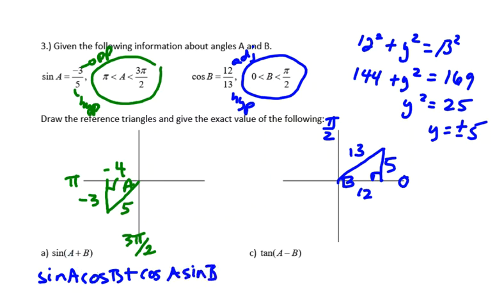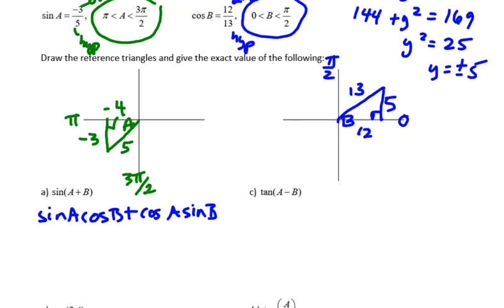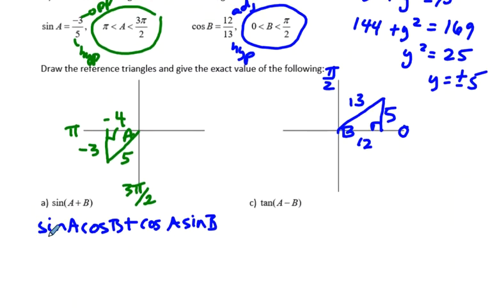Alright, so writing the whole formula out, this is your map for finding the right ratios. So I suggest that you write the whole thing out and then put a set of parentheses for each one, because each one's going to be a ratio. Sine A, we're looking at A, opposite over hypotenuse.